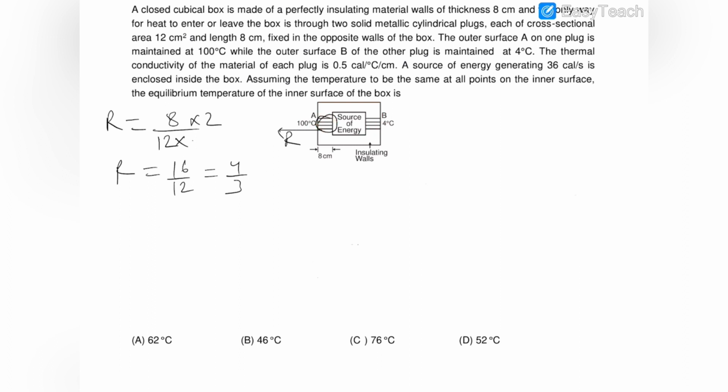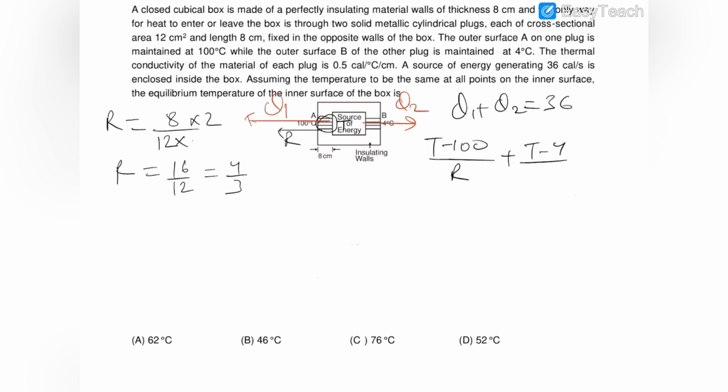There are two resistances. Now we will assume that the temperature of the source is T, and therefore the heat flowing through this plug in this direction is Q1, and the heat flowing through this plug in this direction is Q2. The sum of these two heats will be 36, and Q1 will be equal to (T minus 100) upon the resistance R, plus Q2 will be equal to (T minus 4) upon resistance R. This is 36.